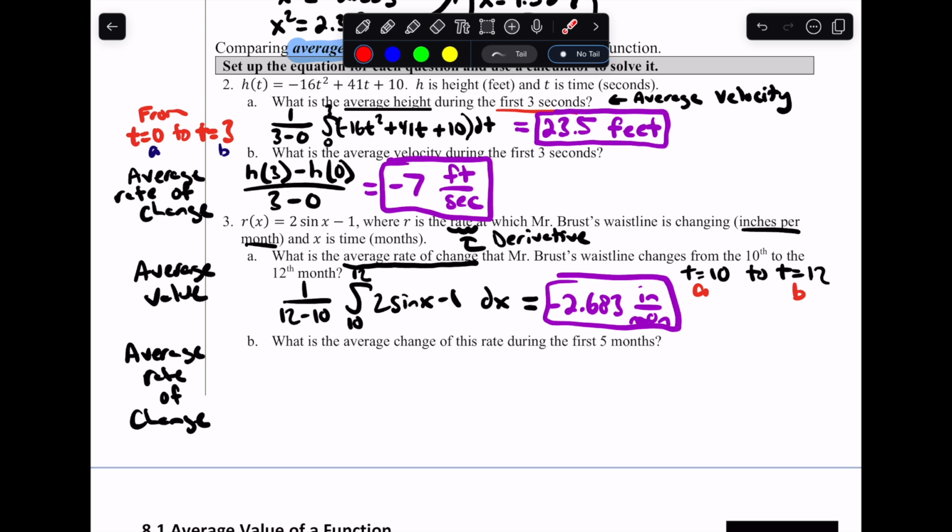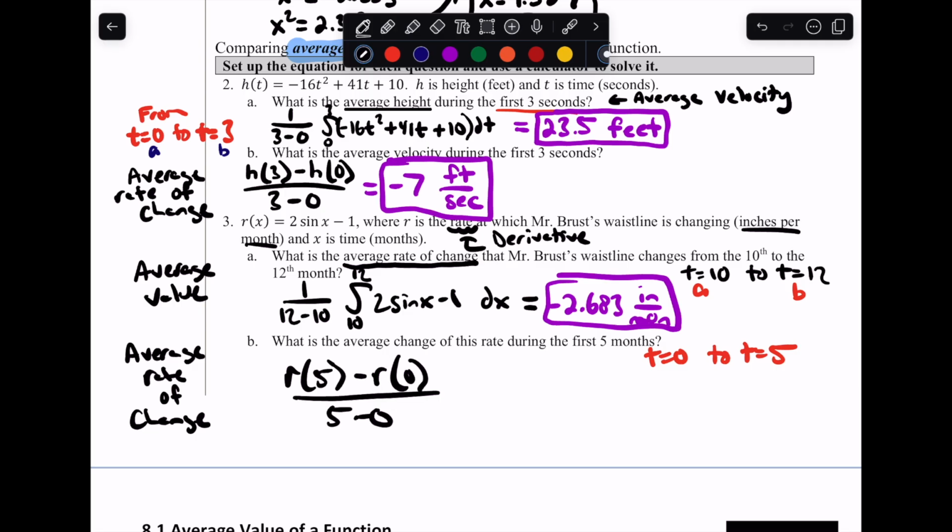Well, we're using that average rate of change. During the first 5 months, we're going from t equals 0 to t equals 5. Plugging into the average rate of change formula, we need to do r of 5 minus r of 0, divided by 5 minus 0. In order to evaluate this, I'd be plugging 5 into my r of x equation, and then 0 as the input, subtracting those two values, and then dividing by 5 minus 0.